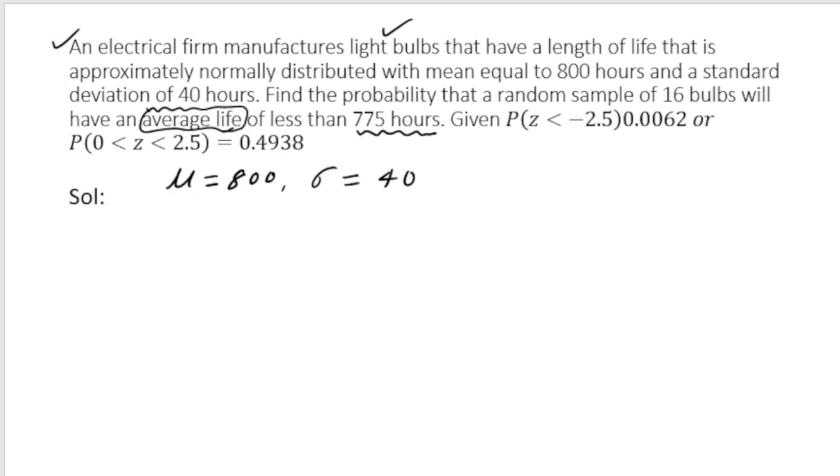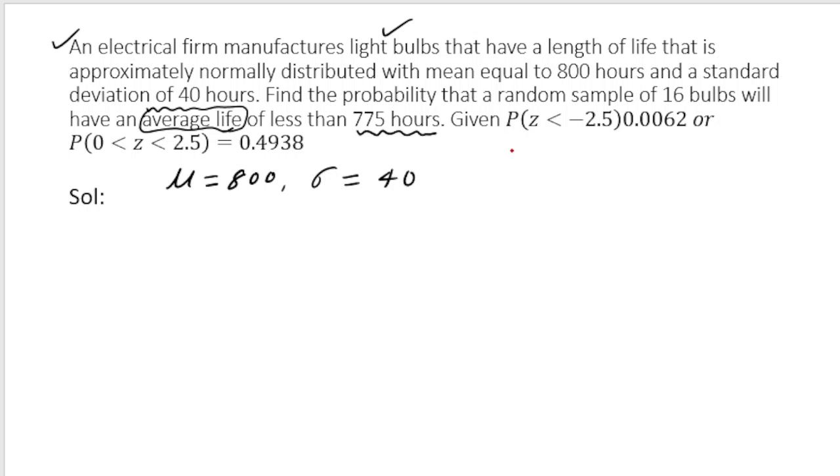So suppose there are two parts of this problem, and listen to it very carefully. If I ask you what is the probability that a random sample of 16 bulb, not an average, will have life of something like maybe 2000 hours or 5000 hours, right?